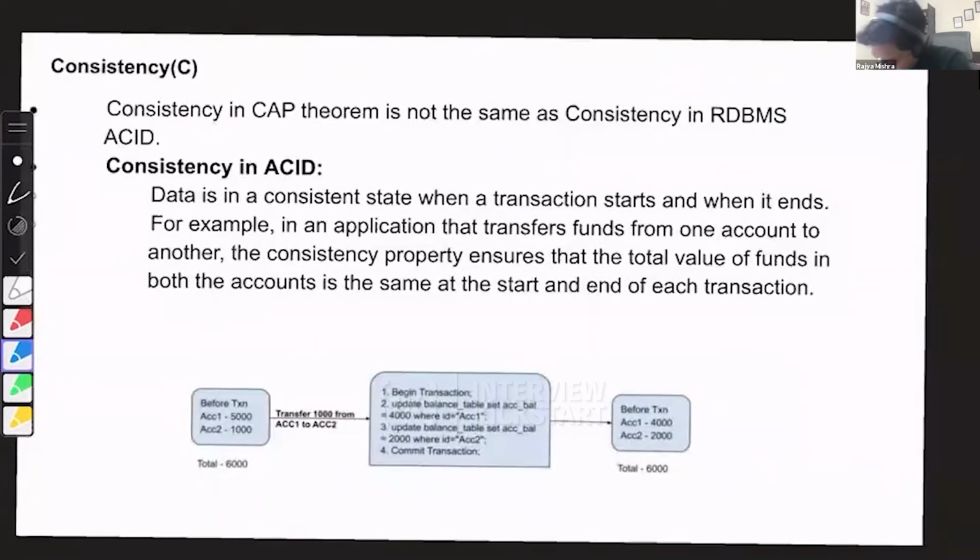Moving forward, now let's see the C part of CAP theorem, consistency. The consistency in CAP theorem is completely different from the consistency in ACID. I hope everybody knows about ACID, which is the property of relational databases. I've seen that this kind of confusion crops up many times.